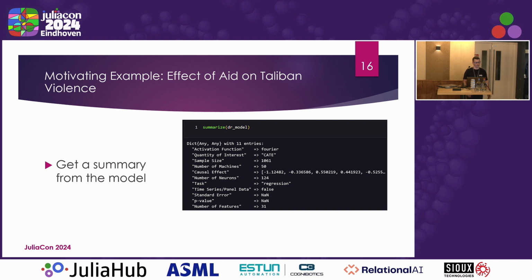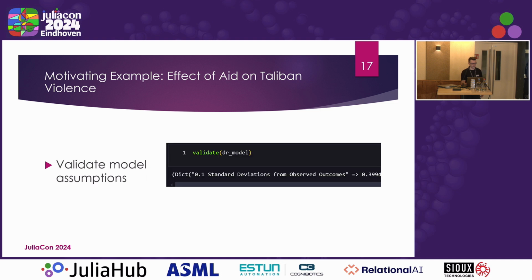And once again, we can get a summary of our model. It looks pretty similar to what we saw in the previous example, the one difference being the causal effect here is a vector rather than a scalar. And once again, by default, we don't have standard errors and p-values, but we can get them by setting the inference keyword argument to true. And again, we call validate.